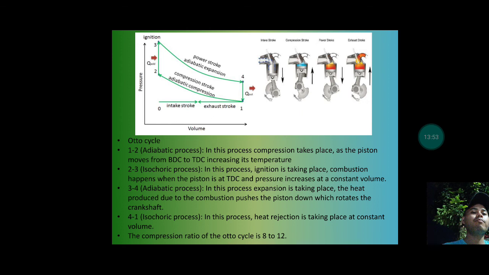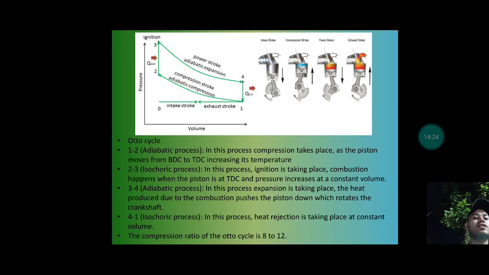At the point in which the maximum pressure is reached, the piston is pushed by the expansion of gases. So 3 to 4 is the downward stroke, the power stroke, and the piston goes down. Then 4 to 1 is the start of the opening of the exhaust valve.